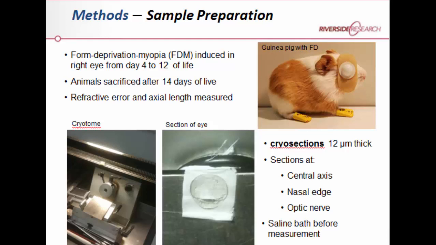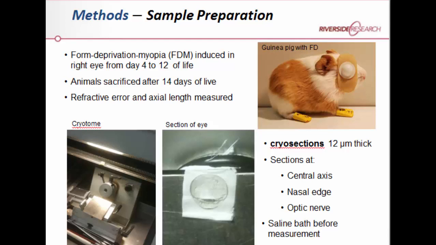The animals were sacrificed after 14 days of life, and then the refractive error and axial lengths were measured. And in order to measure them with the acoustic microscope, the eyes were then embedded in OCT and snap frozen. And then we took cryosections with a cryotome of 12 micrometer thickness.